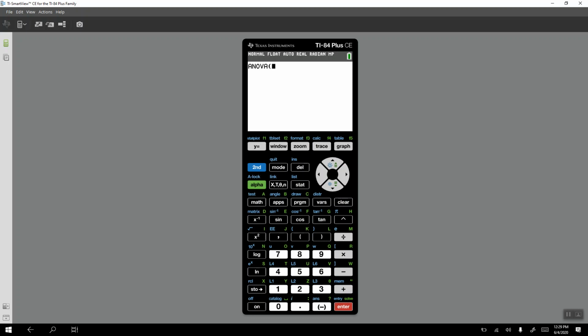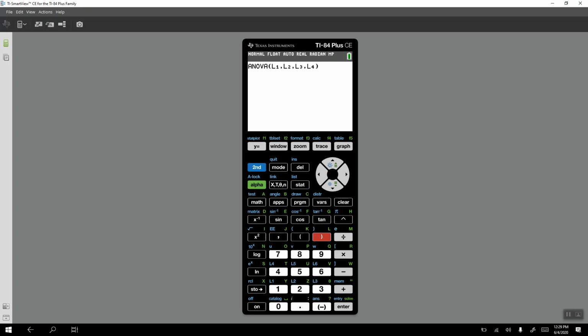So, in order to enter this, we have to identify how many lists we have. Well, we have 4 lists. I'm going to access list 1 by pressing second L1, comma to separate the list. Then list 2, comma to separate it, list 3, comma to separate, and then list 4.